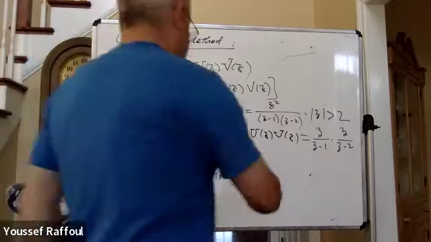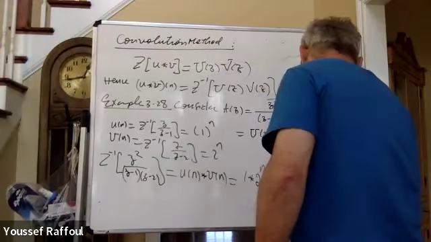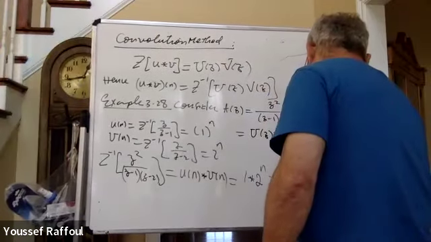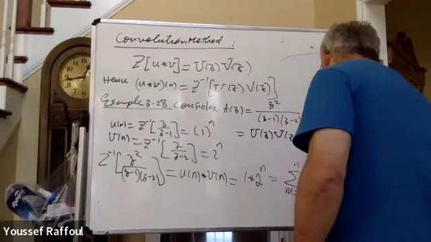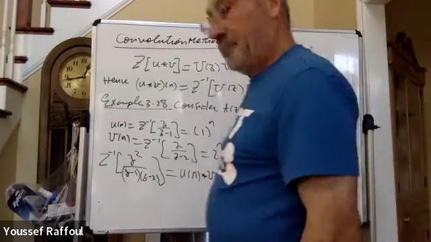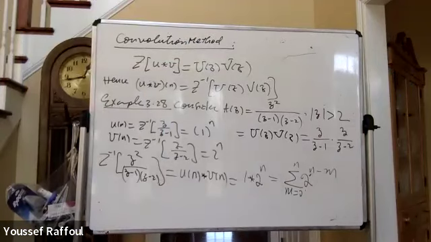And that is the sum from m equals 0 to n of 2 to the power n minus m. So that is a convolution of 1 convoluted with 2 to the power n.